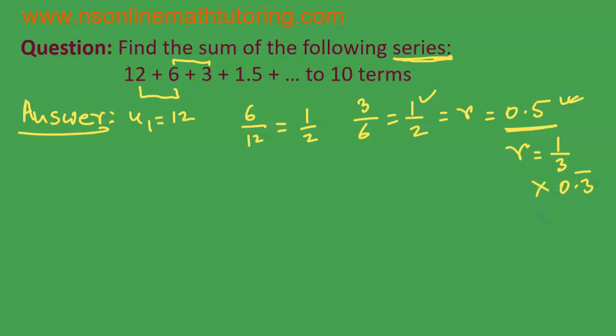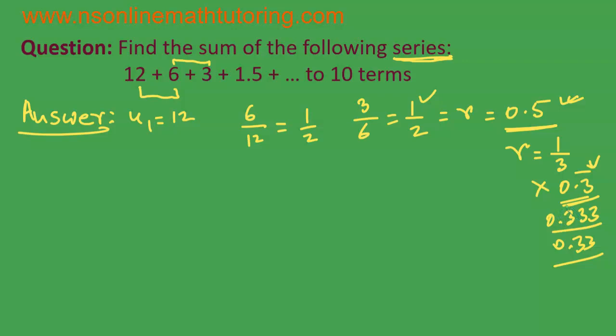Never. These are trivial questions, but you may have a difficult question where you will be needing the R value frequently. And if you write this, you will not be taking the recurring, you will be either taking 0.333 or 0.33. These are all approximations. So never take a recurring decimal equivalent representation.